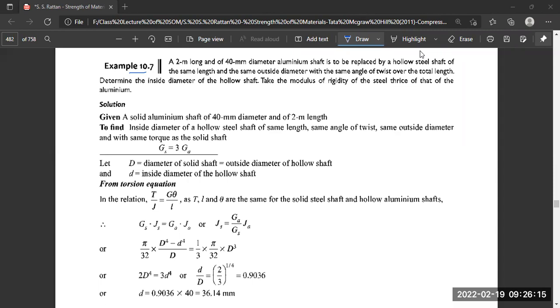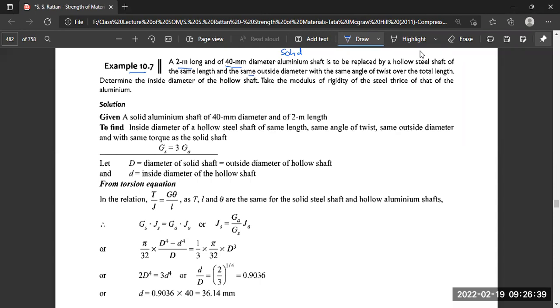So what is given? The length of the shafts is given, that is 2 meter. The diameter of the shaft is the outer diameter. The aluminium shaft is solid, but it is replaced by a hollow shaft of the same length and same outside diameter.